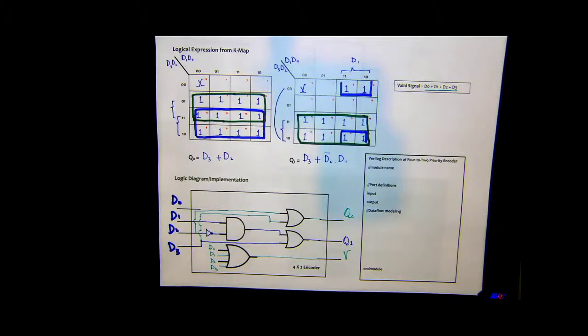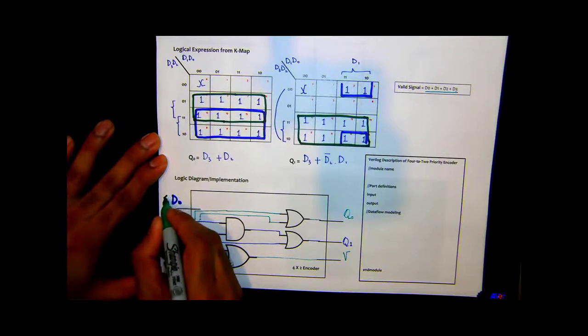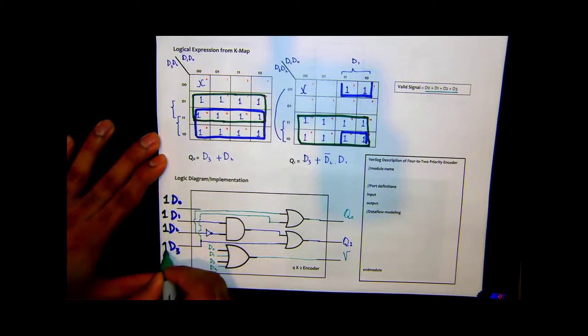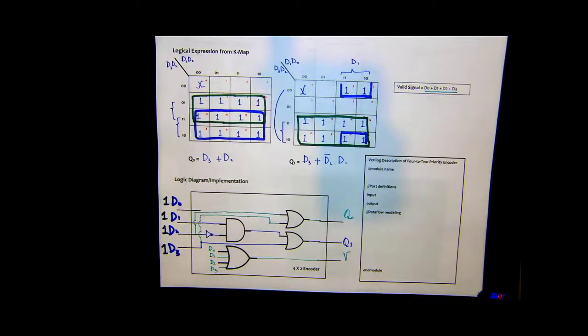So say I have all ones, say D1, D2, and D3 are 1. Because all of them are set to 1, and we know which data line has the highest priority here, D3, correct? So at the output we would expect to get 1 1, right?